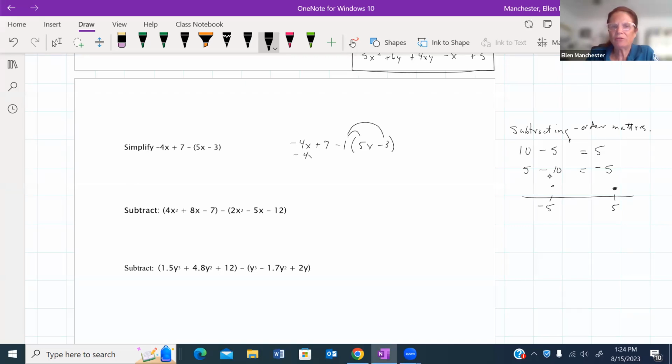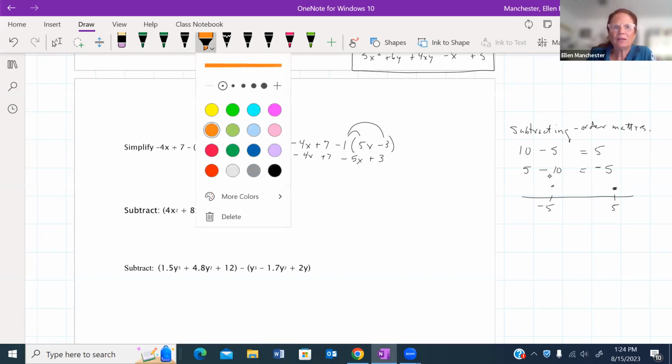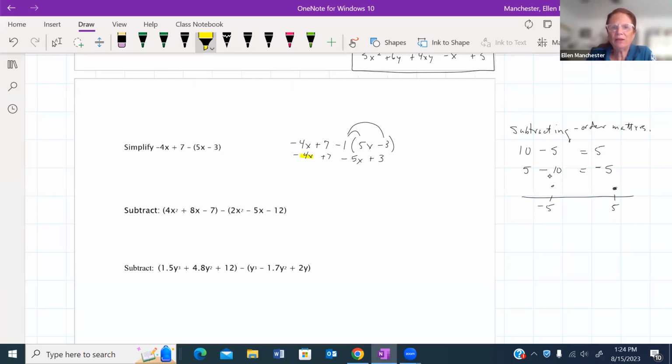I end up with negative 4x plus 7 minus 5x, because -1 times 5x is negative 5x, and a -1 times a -3 is a positive 3. Once the parentheses are gone, now I'm just going to add like terms. A negative 4x and a negative 5x gives me negative 9x. And then I have constants, +7, +3, which gives me a +10.